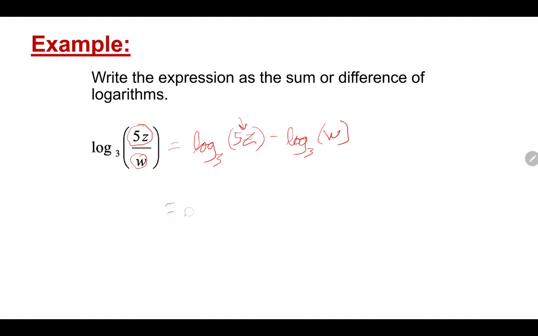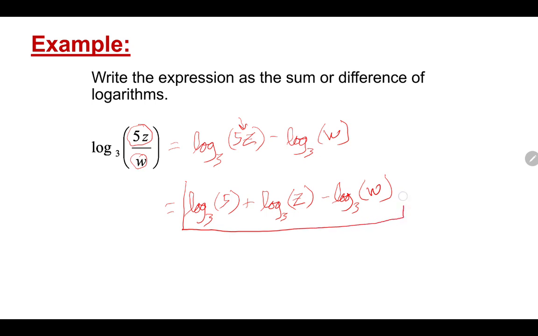So this will become log base 3 of 5 plus log base 3 of z minus log base 3 of w. And that is the answer to that.